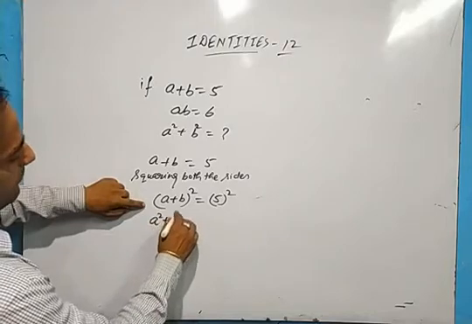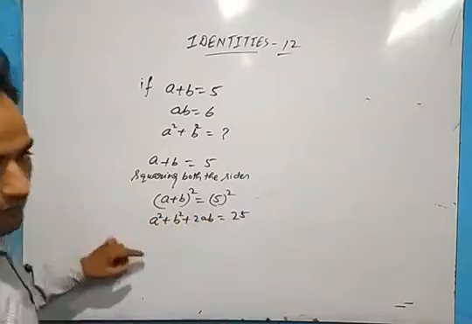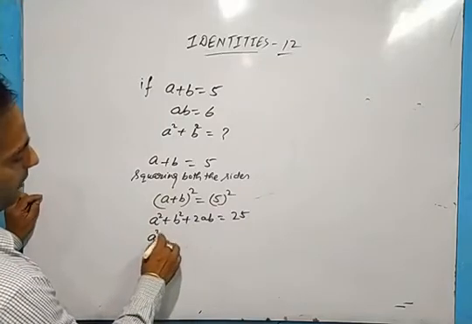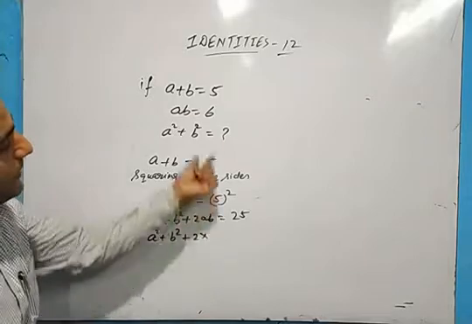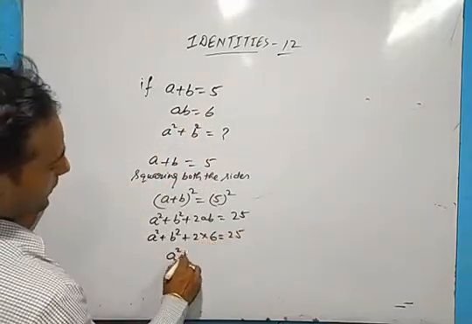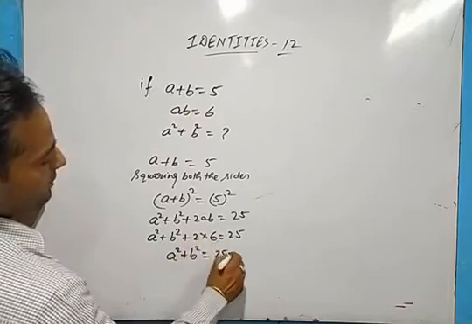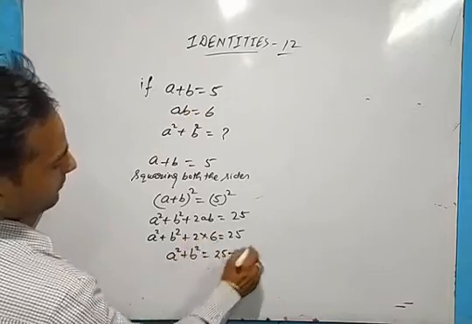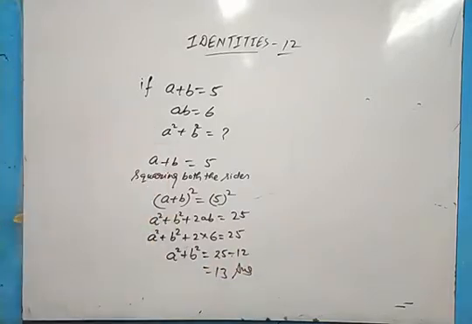So a square plus b square plus 2ab is equal to 25. The value of ab is 6. So a square plus b square is equal to 25 minus 12, which is 13... 6 2s are 12 will come this side, and this will be 30. So this way you can solve these type of questions.